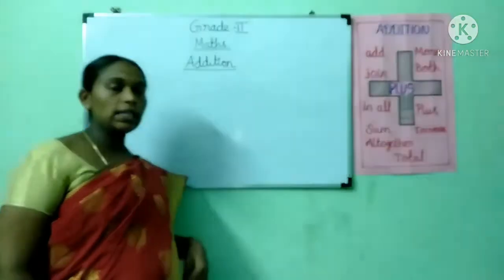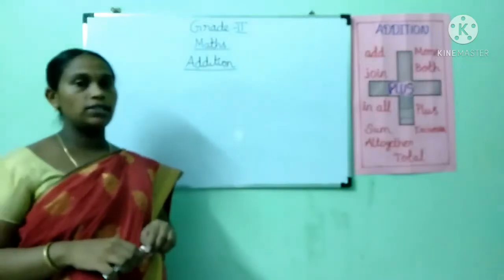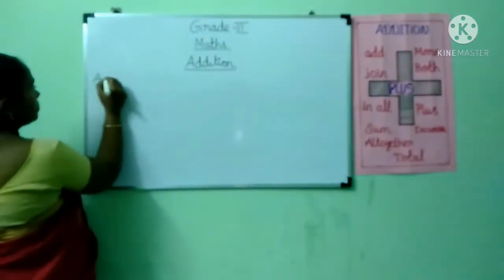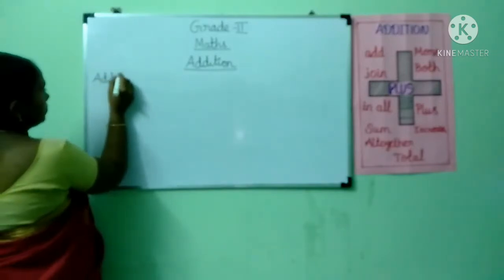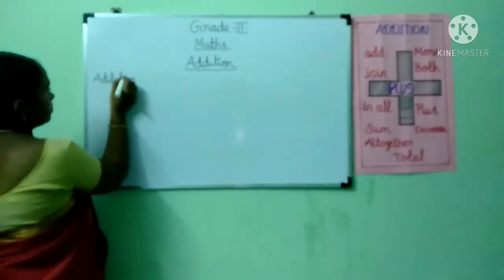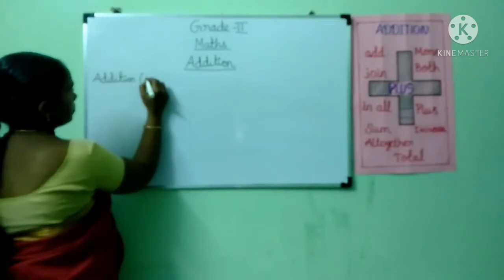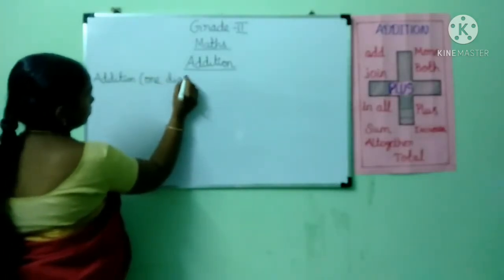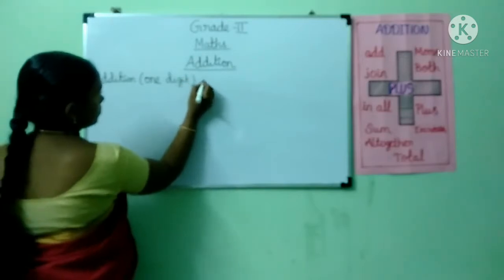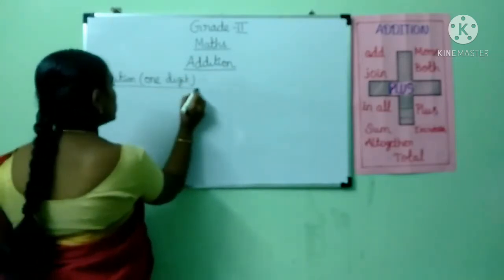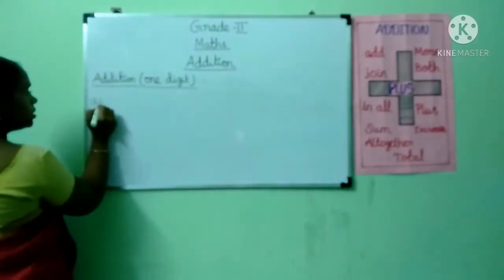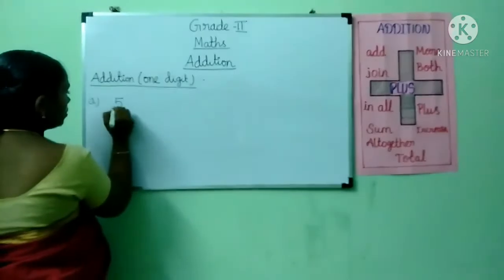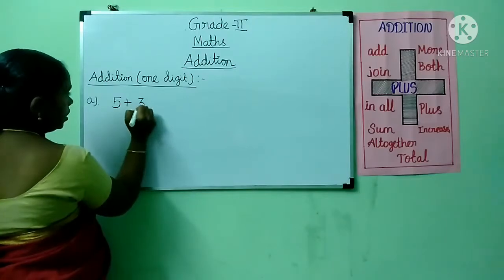Next, we'll see one digit addition. What is this? Addition, one digit. Listen carefully, children. This is horizontal wise addition. 5 plus 3.